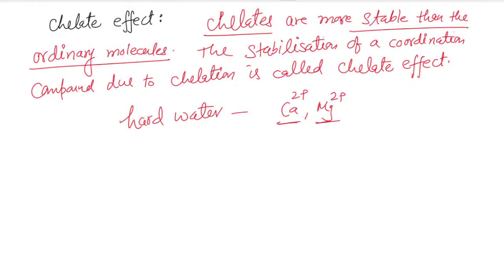Even the separation of lanthanoids and actinoids, and they also find application in the detection or estimation of some metal ions like nickel. Nickel DMG complex is formed. Okay, even copper, magnesium, right? So this is chelation, chelate effect, and chelating ligand.